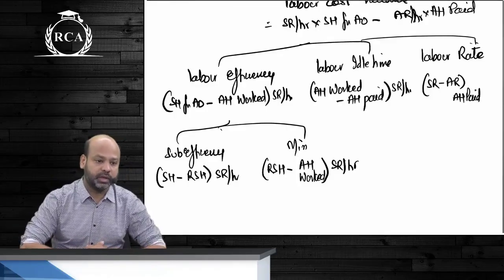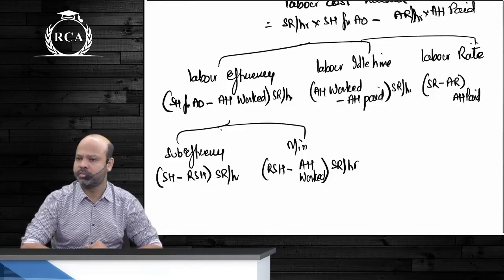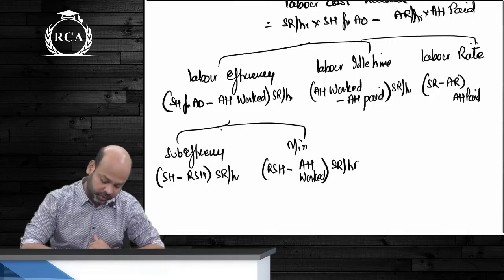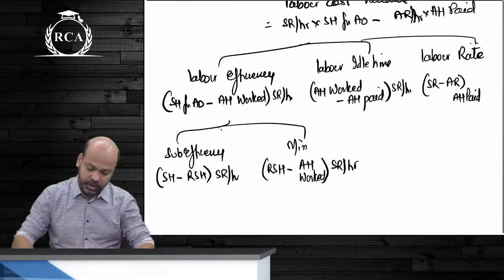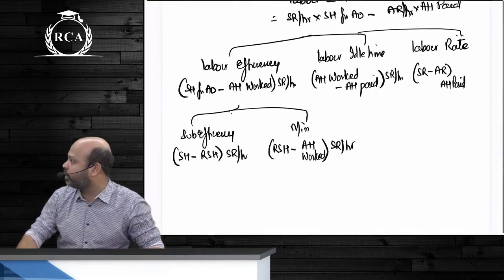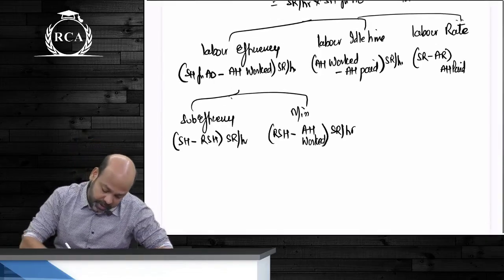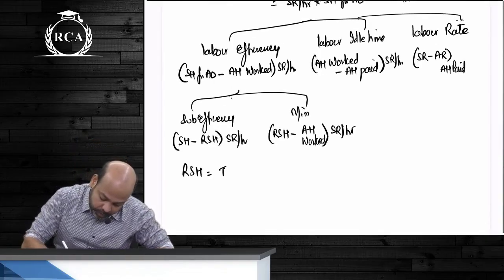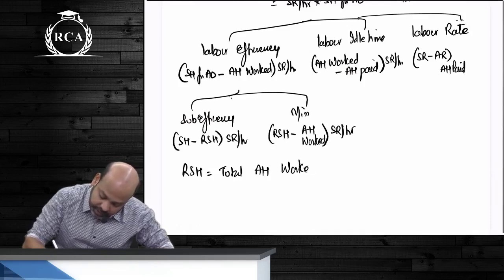Are we understanding this? Anything under efficiency should be based on actual hours worked and not actual hours paid. What is RSH for us? It will be total actual hours worked in standard mix.